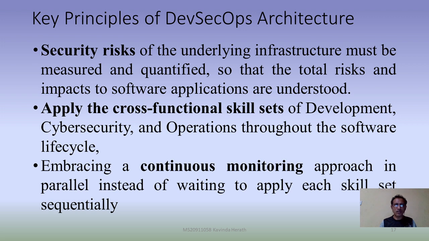Apply the cross-functional skill sets of development, cybersecurity and operations throughout the software life cycle. It is about developing good processes and good operational practices to keep things to a high standard, embracing a continuous monitoring approach in parallel. Continuous monitoring is a main factor, not only in one place, not only one time, not only in redesigning, coding or development, but each and every time, 24/7.